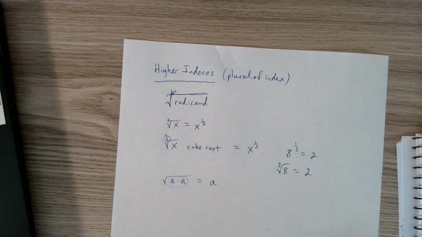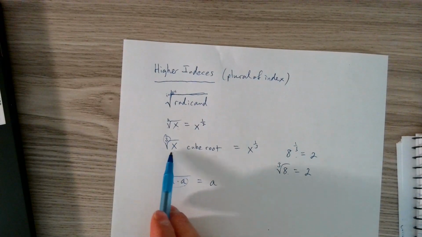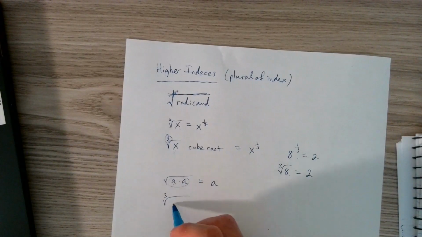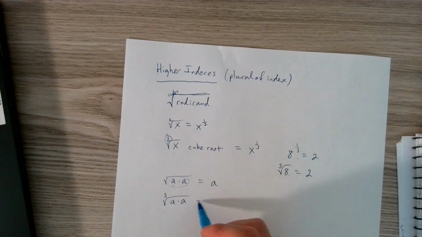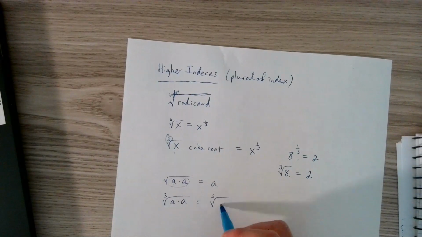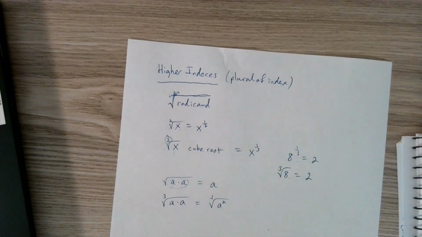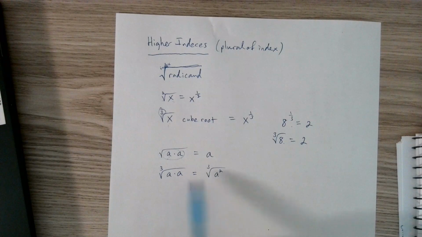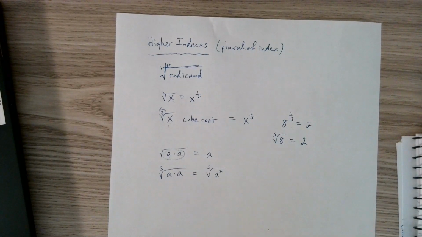But that's in square root world. If we're in cube root world, then things are different. So if I have cube root of a times a, or a squared, that is not going to simplify.